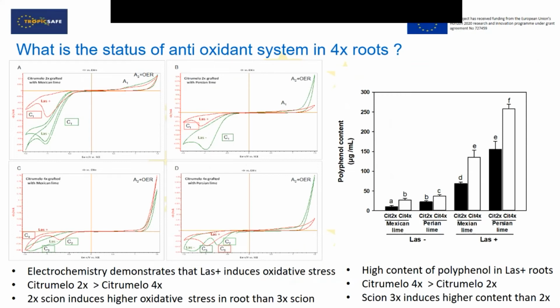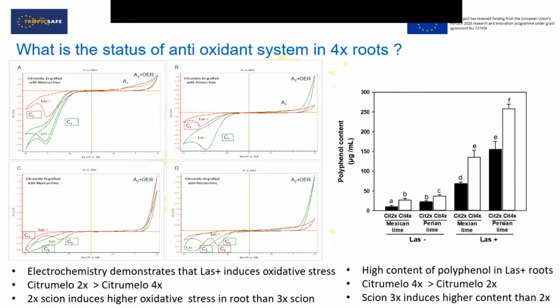So we did electrochemistry analysis. This is a specific analysis that gives you broad information regarding the antioxidant system. I won't go deep in the graph, but what you have to remember is that the antioxidant system is much stronger in the 4X than in the diploid.